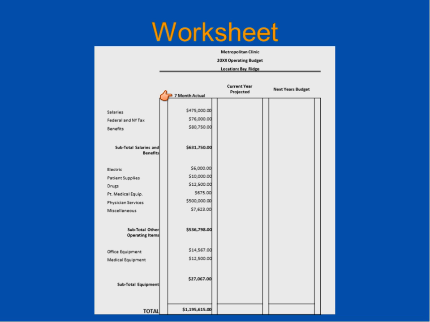So we take 475 divided by 7 equals $67,857 roughly. So we take the $67,857, multiply it by 12, because once we divide this number by 7, what that effectively gives us is the amount of salary expense that was incurred in 1 month.